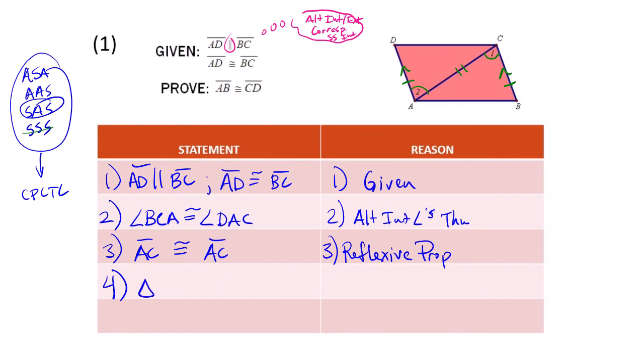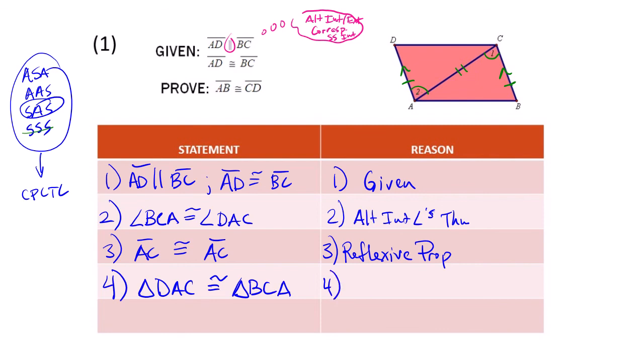So triangle DAC is congruent with triangle. Remember to get your order right. So B corresponds with D, so B is going to come first. C corresponds with A in this case, so C is going to come next. And then A corresponds with C, so A will come last.